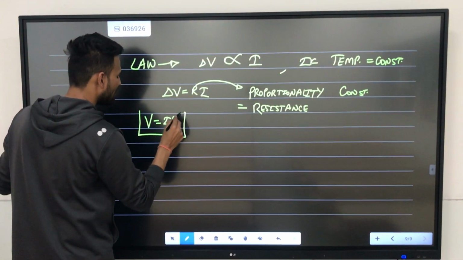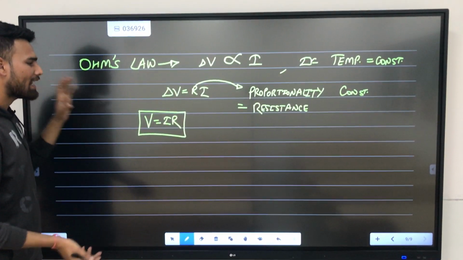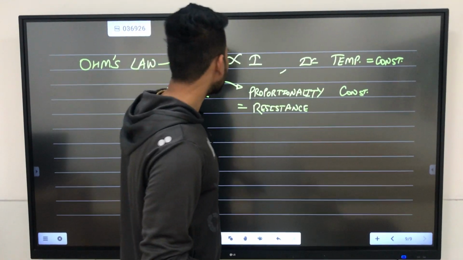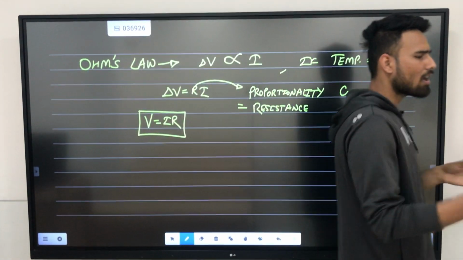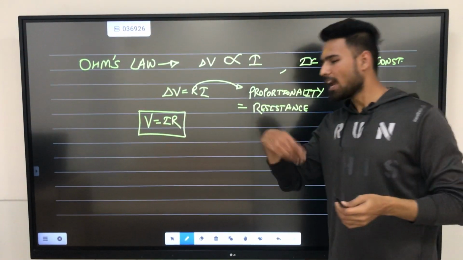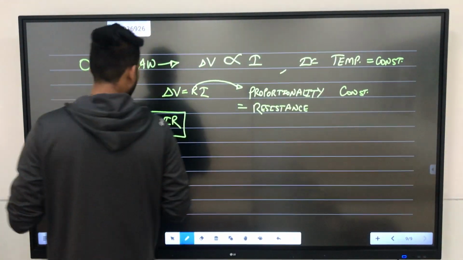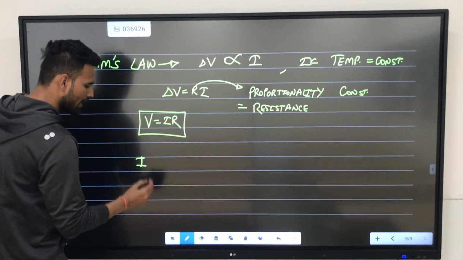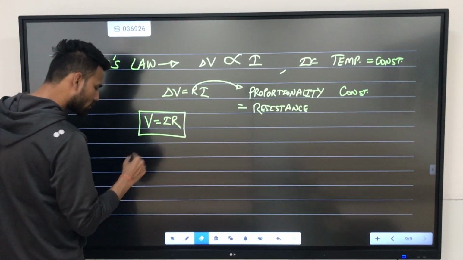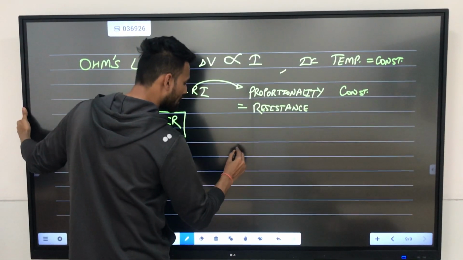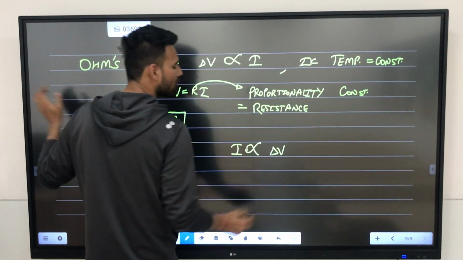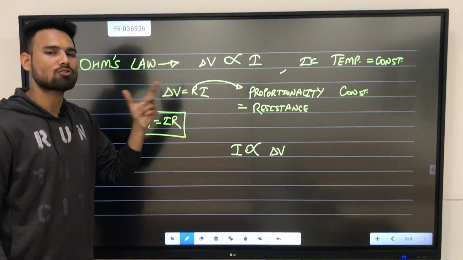The potential difference is equal to the product of current and resistance. But how can potential difference be directly proportional to the current flowing? In actual, the current is directly proportional to the potential difference applied across two terminals.